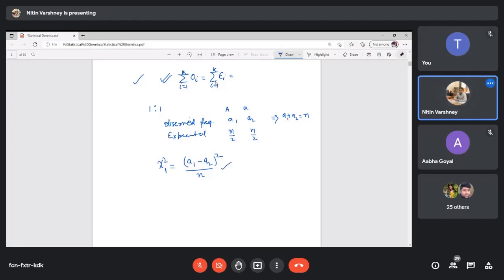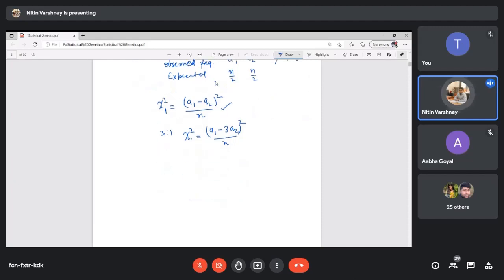Similarly, if you want to check a 3 is to 1 ratio, then our observed frequency will be the same, A1 and A2, and the expected will be 3N by 4 and N by 4. Then our chi-square will be A1 minus 3 A2, divided by N, and this will be whole square. Now I will tell one generalized formula for this.